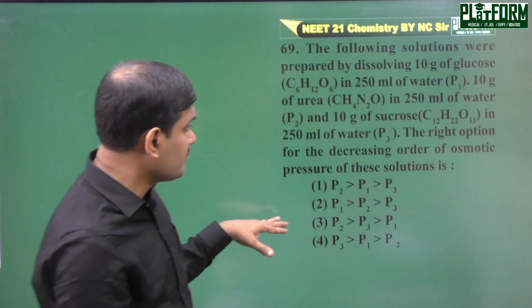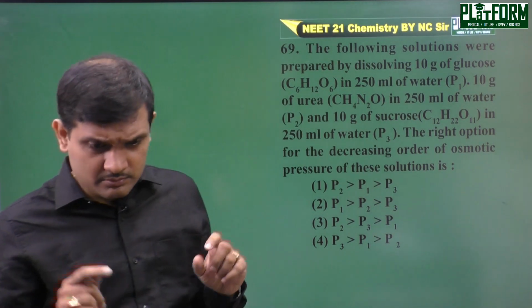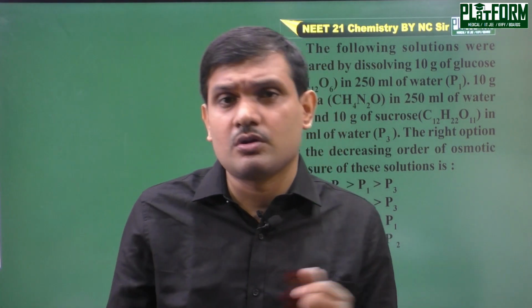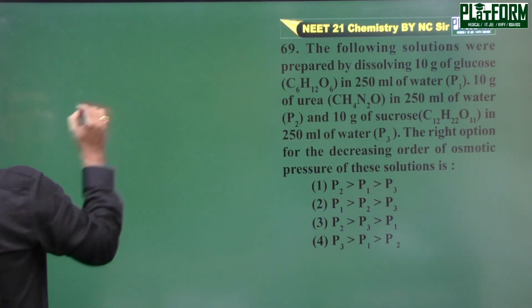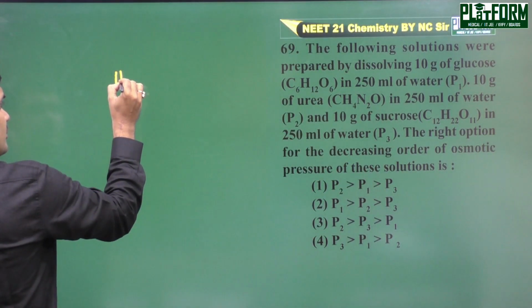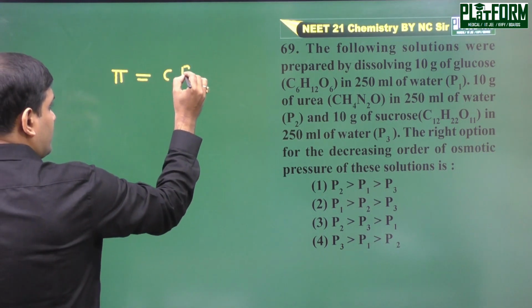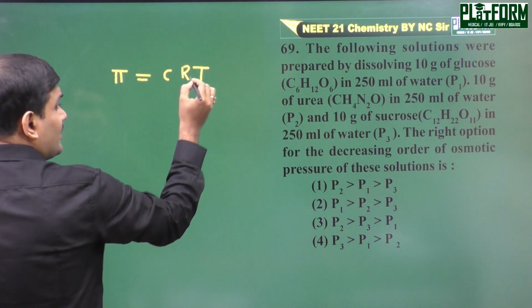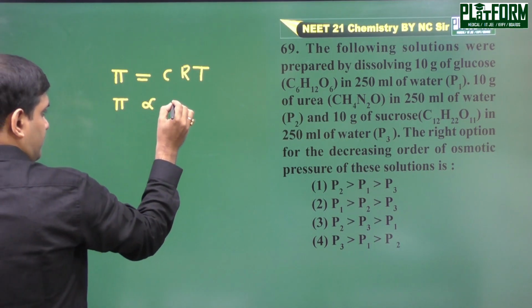Now the correct option regarding osmotic pressure. Think in a very simple way how you can solve this. Osmotic pressure is pi, the formula is pi equals CRT. Since temperature is constant, pi is proportional to C.